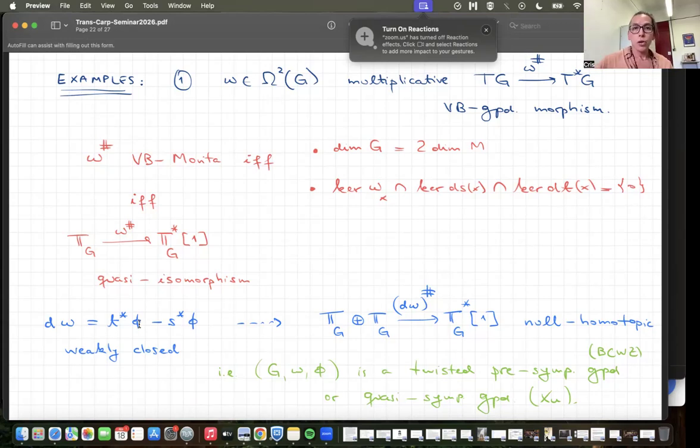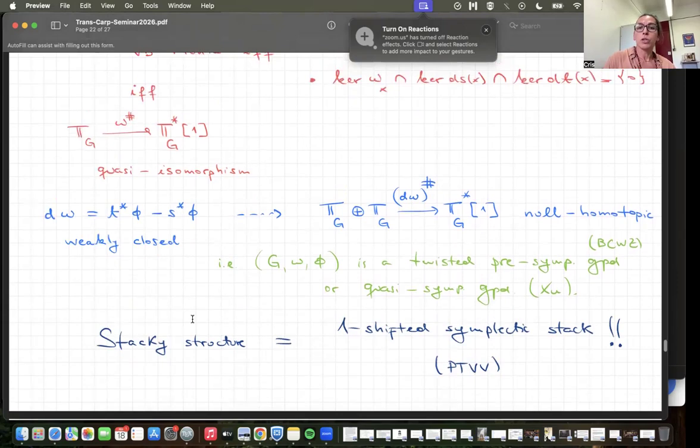But now, with this terminology of Morita equivalence of VB groupoids, we realize that those structures at the stacky level are precisely these one-shifted symplectic structures.